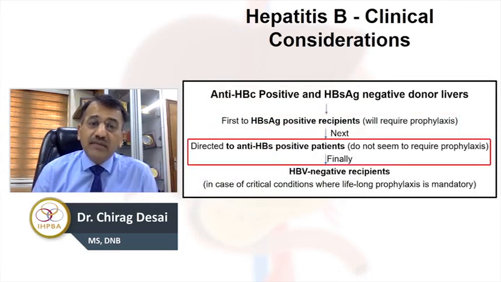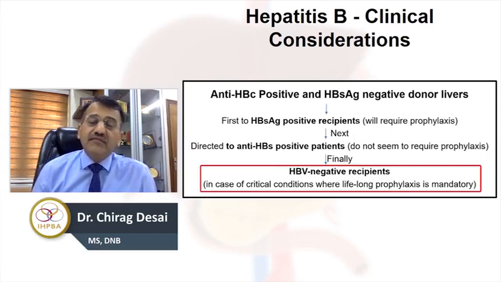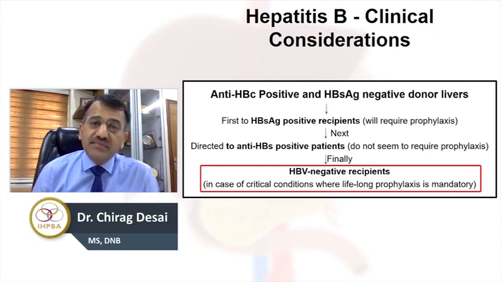If they are not available, then it is offered to those who have demonstrated presence of anti-HBs antibody. These are the patients who don't require prophylaxis because they are protected by the presence of this antibody. And finally, it is given to HBV negative recipients, but this is a very debatable aspect.